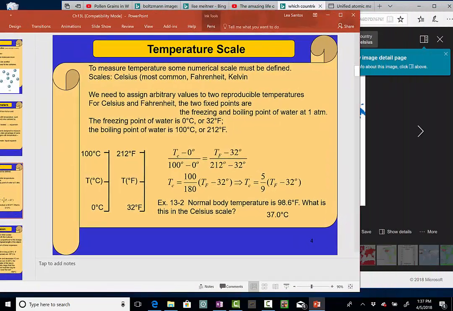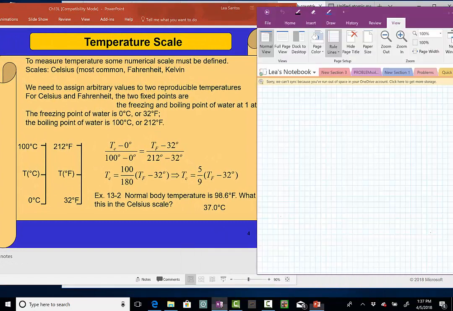So let's see. The idea is very simple, and what we have here is, I'm going to mark the two main temperatures that are behind the scale for Celsius, which is 0. Let me put my pen here.